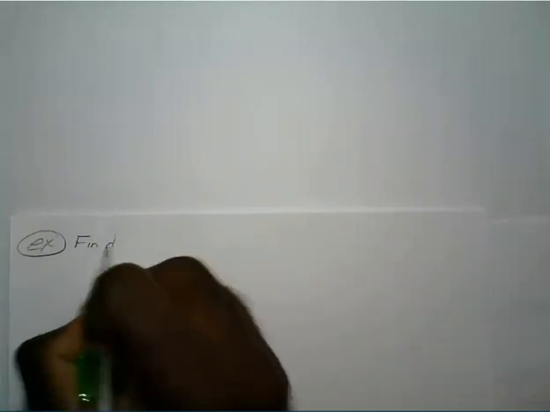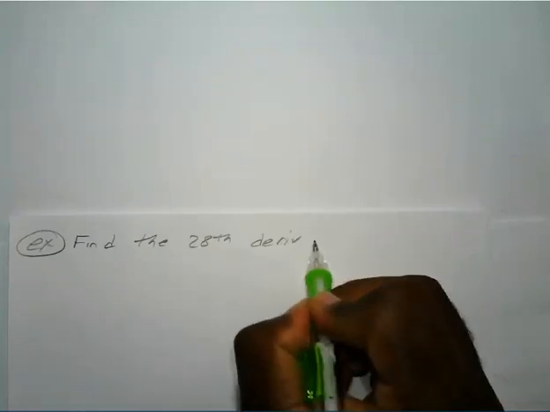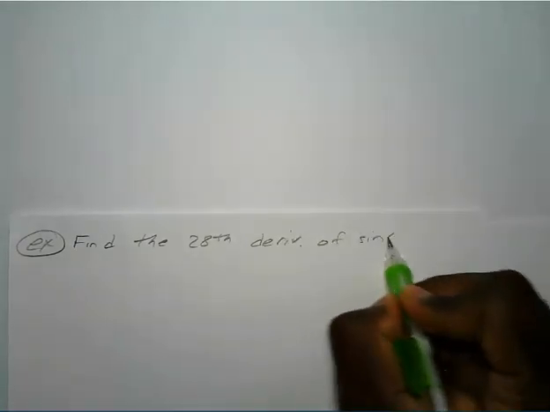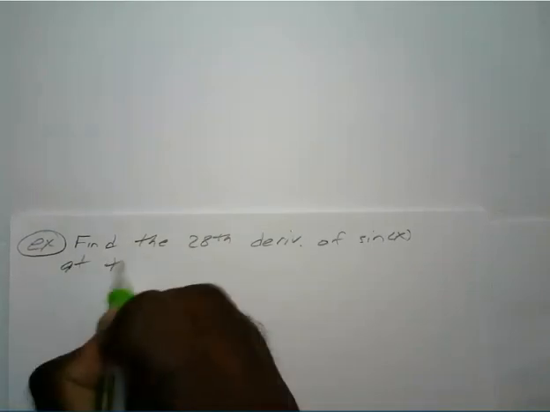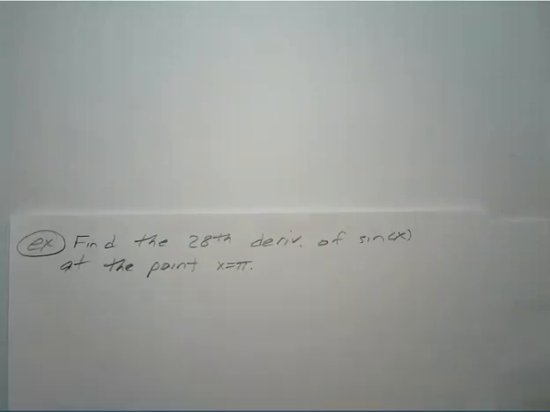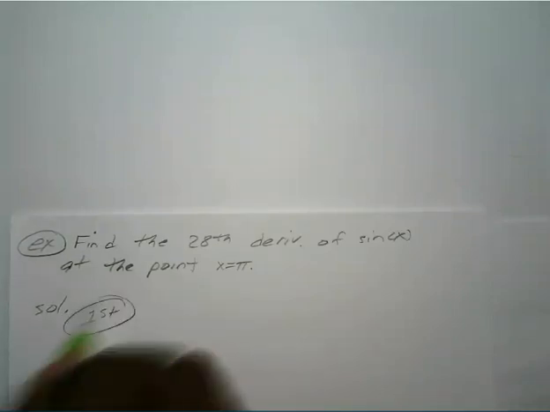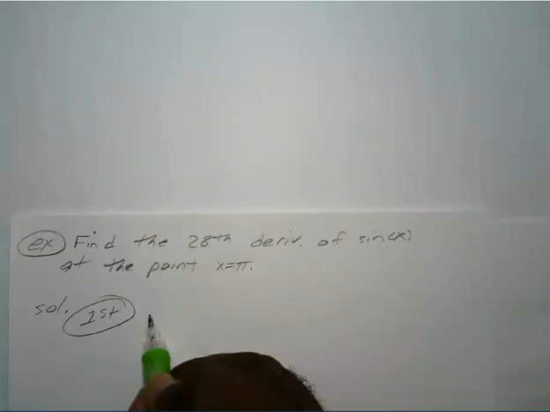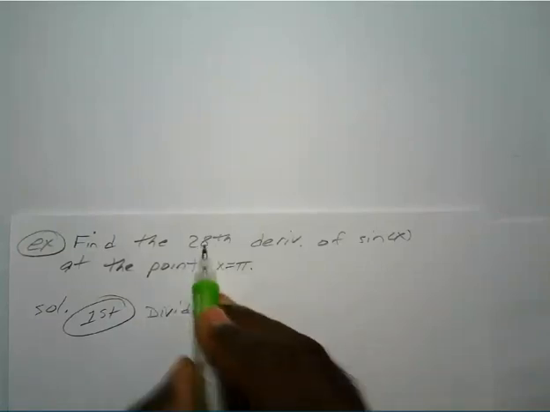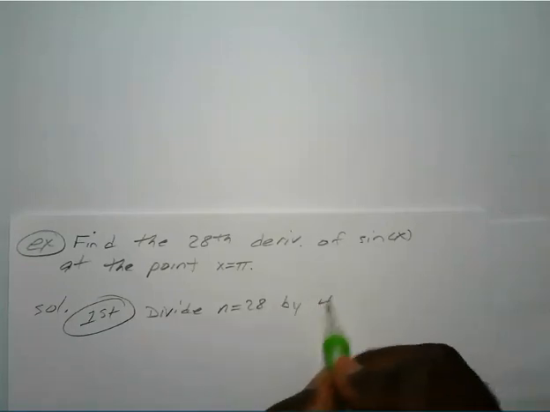So for example, what if we wanted to find the 28th derivative of sine of x at the point x equals pi. Just like before, your first step, you're going to divide your n equals 28 by 4.